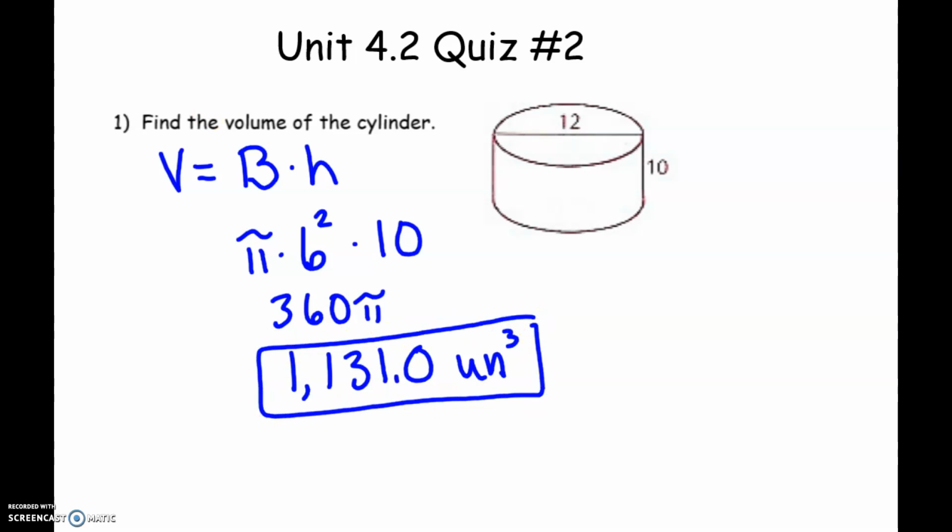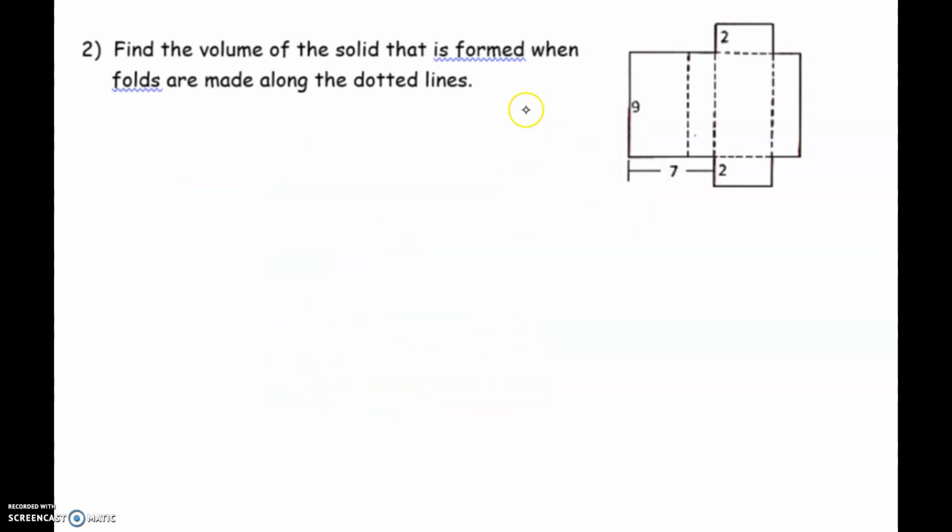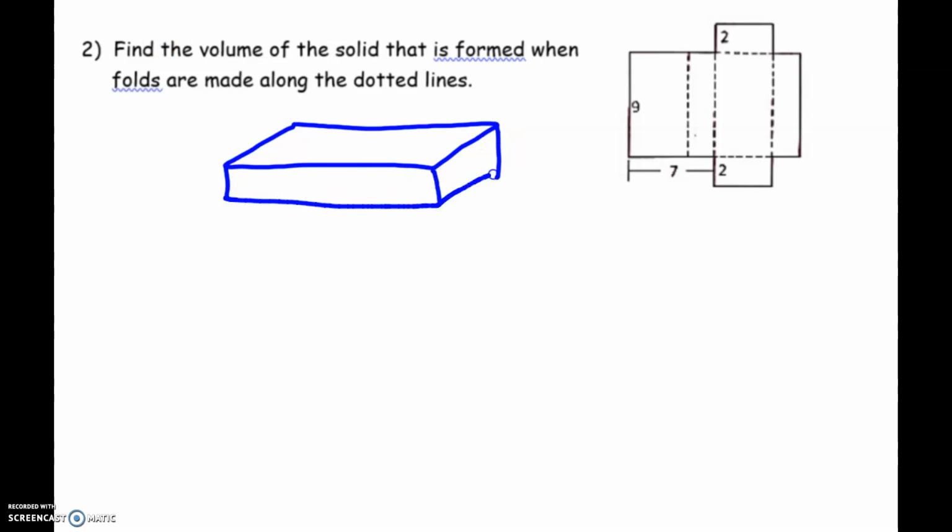On to number 2. Number 2, we have a net of a solid, and if we were to fold this up, we'd end up with a rectangular prism. And if you remember, that was just length times width times height. So you can see our length here is 9. Our height is 2. This was a little tricky.